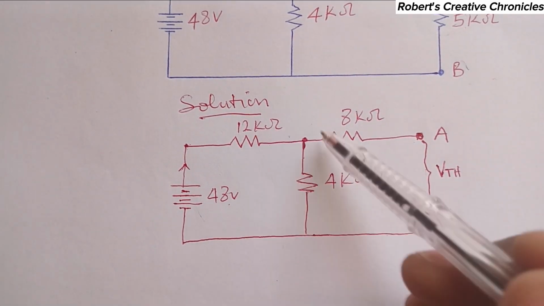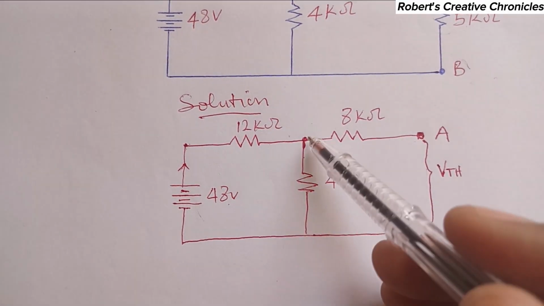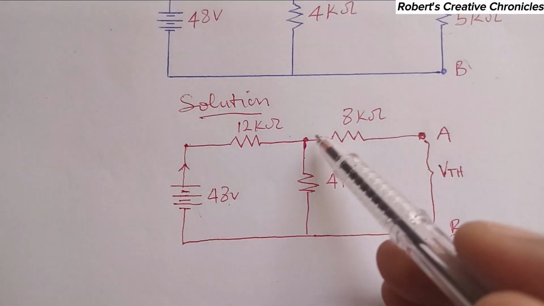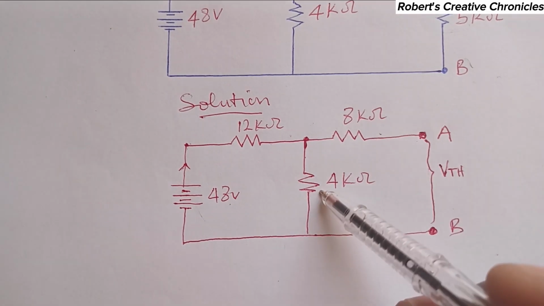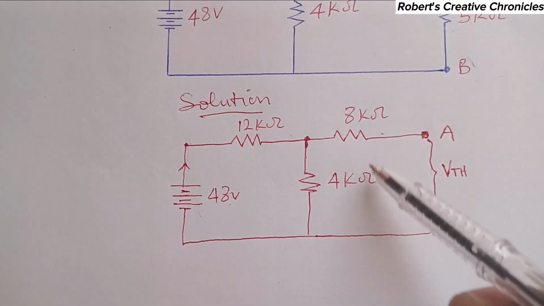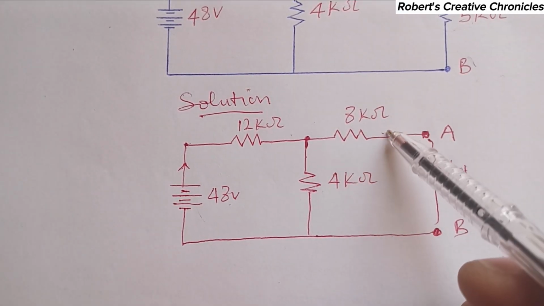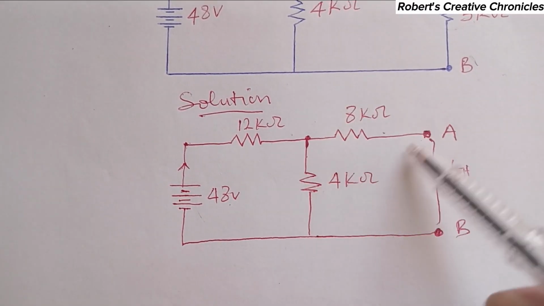So the 12 kilo ohm resistor will be in series with the 4 kilo ohm resistor. Normally, if this were closed, the current when it comes here is supposed to split into two. So the 4 kilo ohm resistor would have been parallel to the 8 kilo ohm resistor. But now, since there's an open circuit, no current comes here.